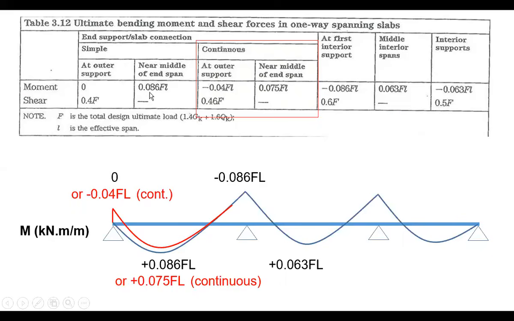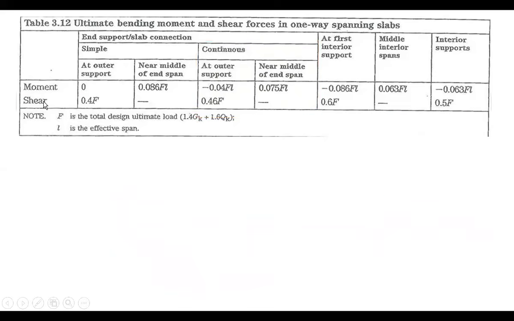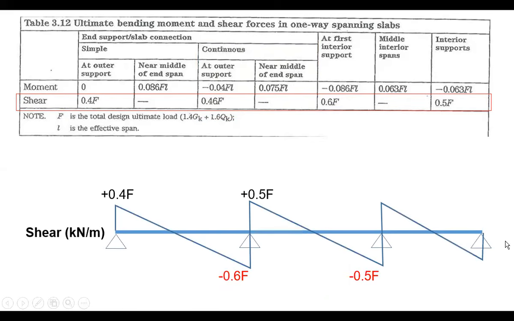Then you will use this F, multiplied by FL times this factor, to get the bending moment values. Okay. Then the second part of this table gives us shear. To get the shear, we get it from the second row. And again, this is showing the spans.